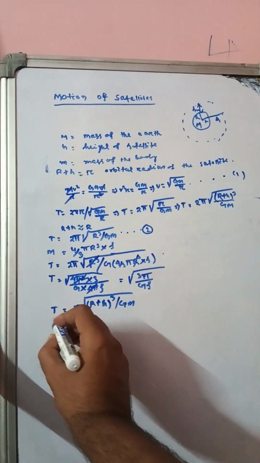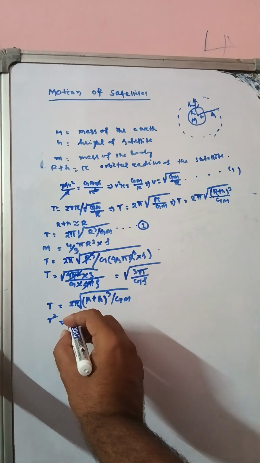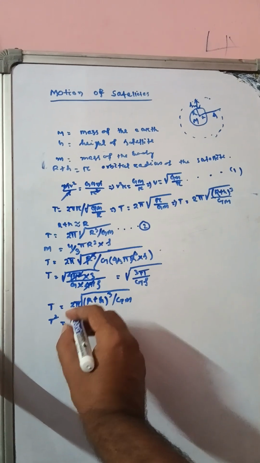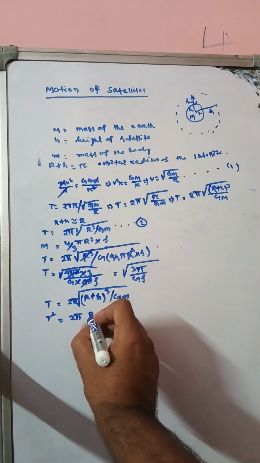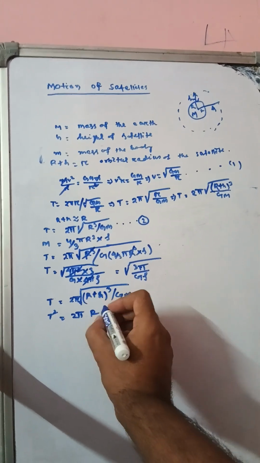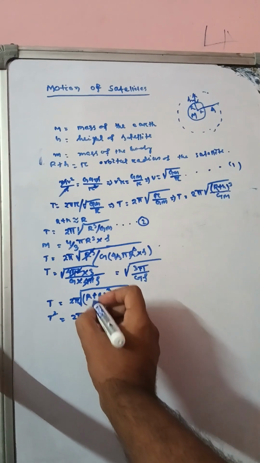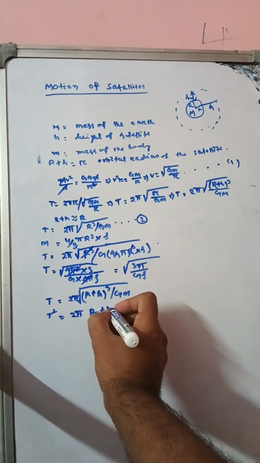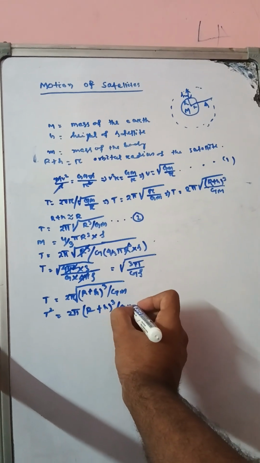Then taking T square, T square is equal to 4 pi square, since the square root we will omit, (R plus h) whole cube divided by GM.